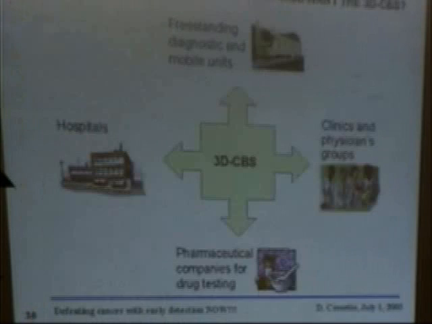Now, who will want the 3D CBS, the market for this? As I mentioned, freestanding diagnostic. Why this mobile unit? Because a small hospital that cannot afford the capital of $3 million for the machine may have patients for only 1 day a week.